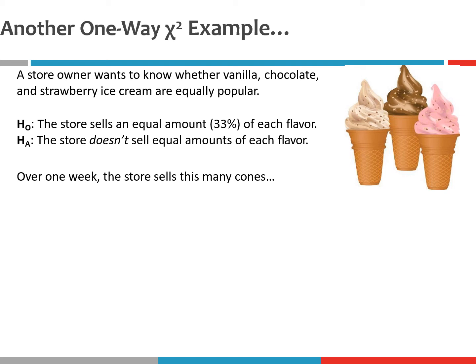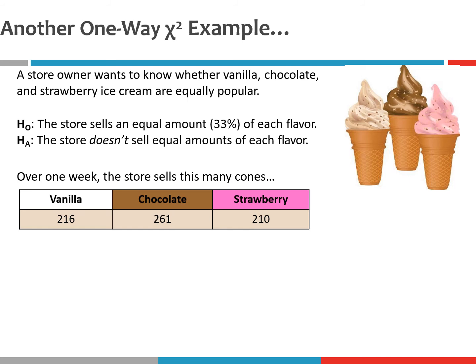All right, so over 1 week, the store sells many ice cream cones, right? So this is the number of ice cream cones that the store owner sells in a single week, okay? So we have 216 vanilla cones, 261 chocolate, and 210 strawberry, right? So these are our observed frequencies, okay, for each of the flavors, okay?